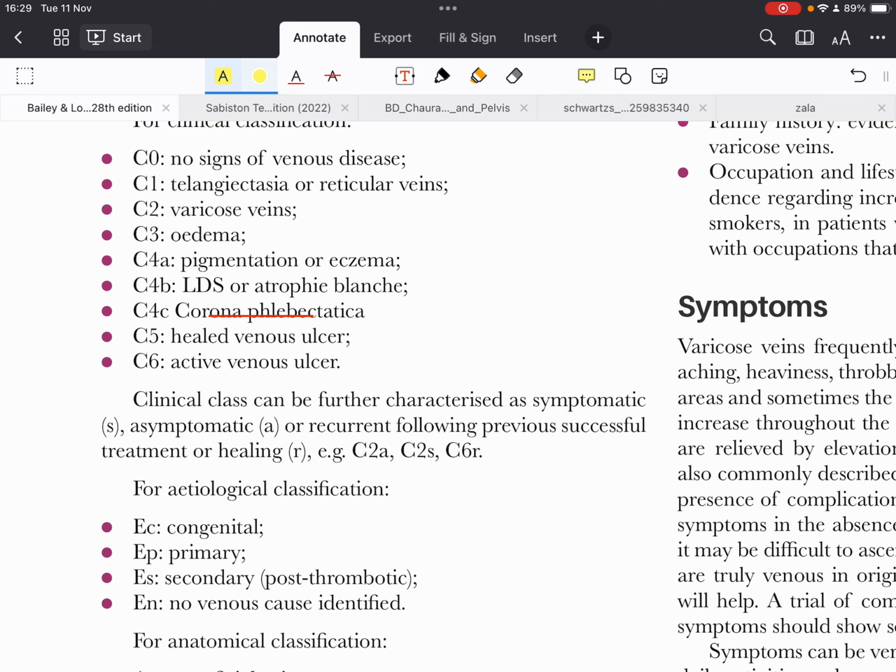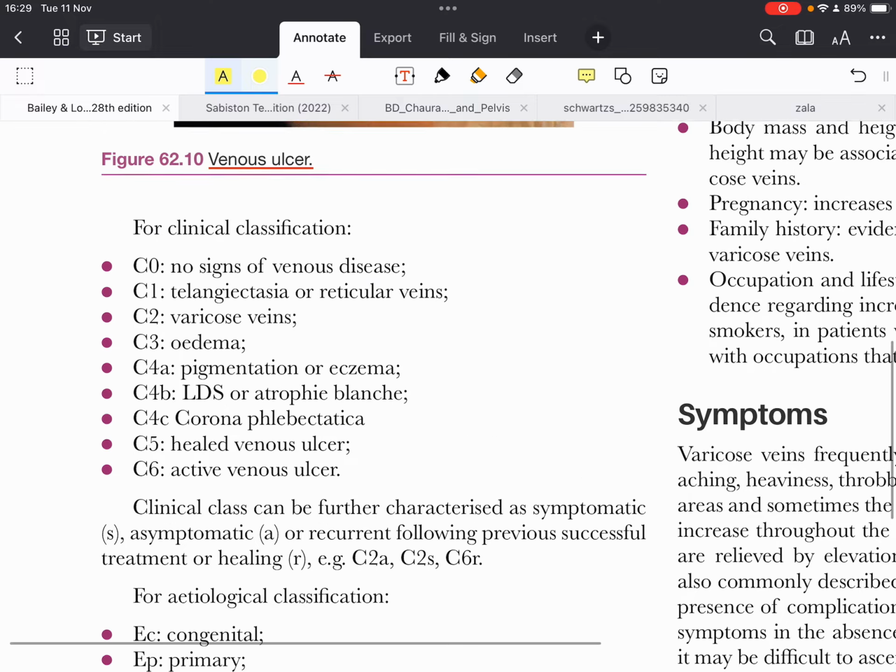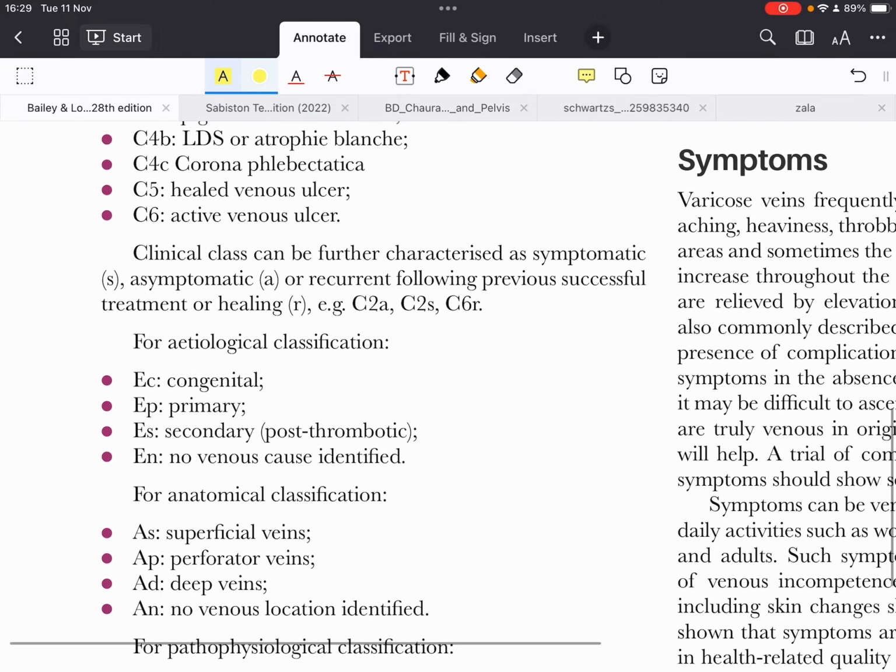C1, telangiectasia or reticular veins. C2, varicose veins. C3, edema. C4A, pigmentation or eczema. C4B, lipodermatosclerosis or atrophie blanche. C4C, corona phlebectatica. C5, healed venous ulcer. C6, active venous ulcer. Clinical class can be further characterized as symptomatic or asymptomatic.